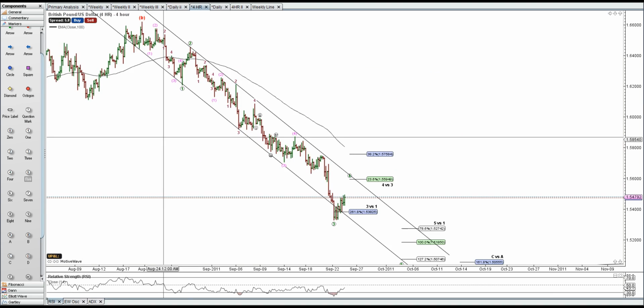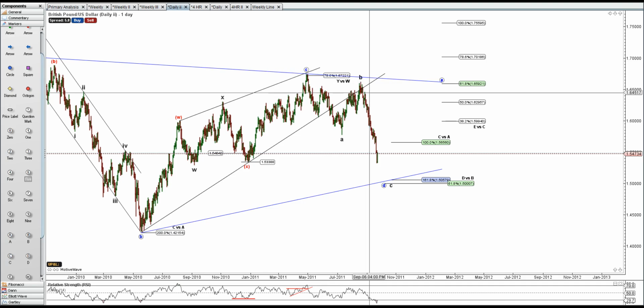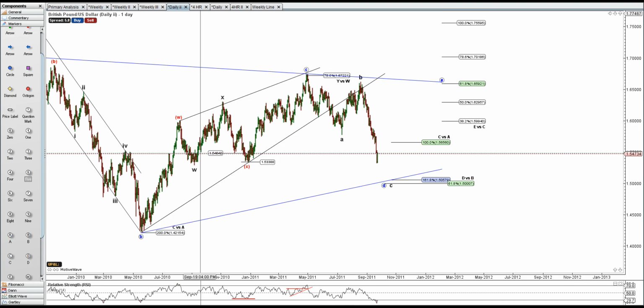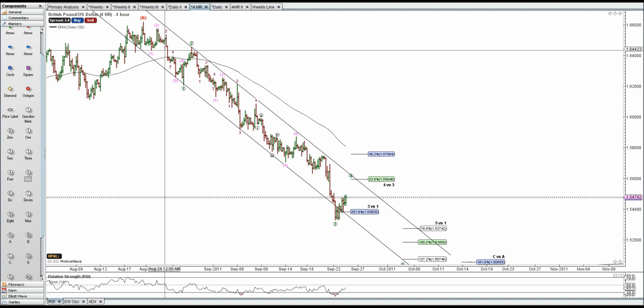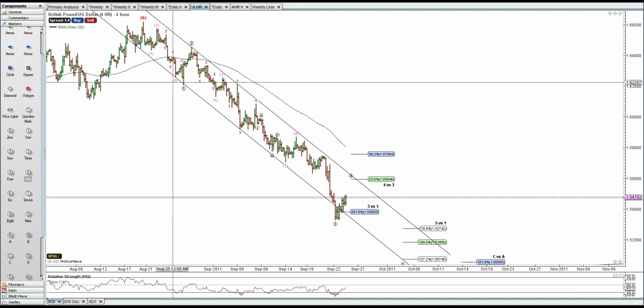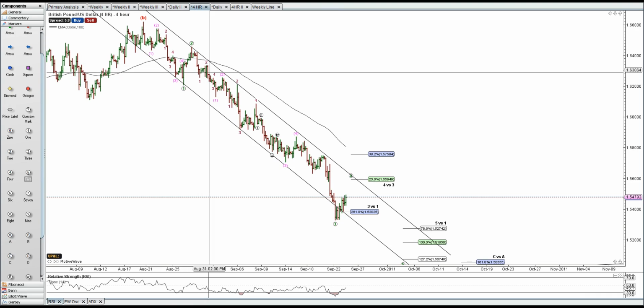I was kind of labeling this C leg down here. There's so many bumps on the way down. I have 1, 2, 1, 2, 3, 4, 5 for 3, a 4, a 5, 1, 2.